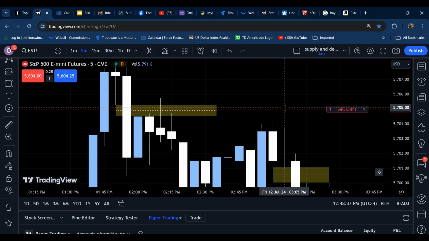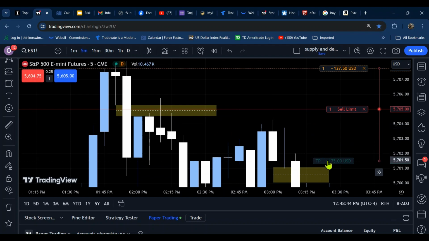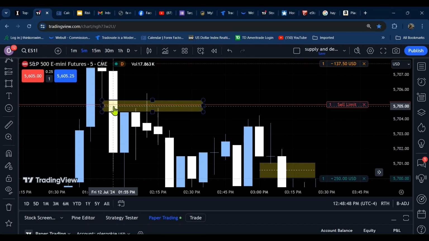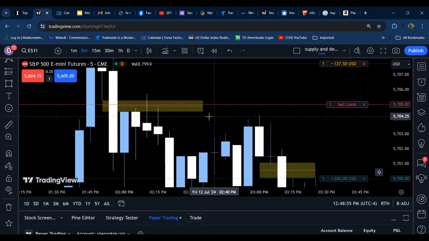You just wait until your order either fills or your stop loss fills. Either way, that's trading. All you can do is follow your rules. And that's the rule. Fair value gap, 50%, wait.